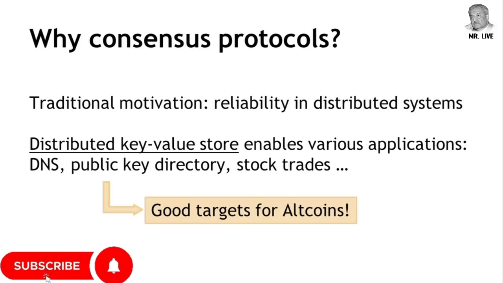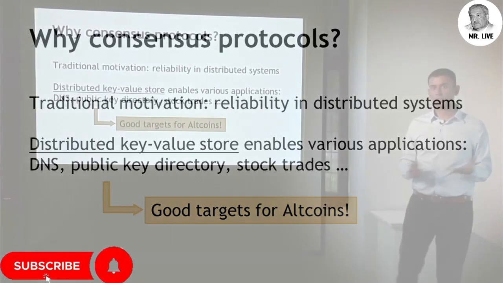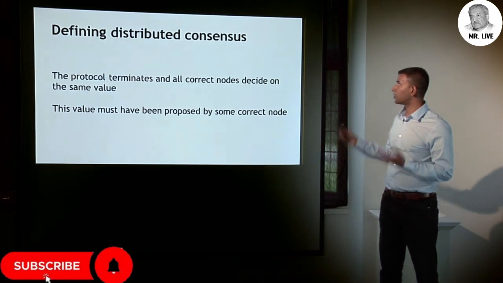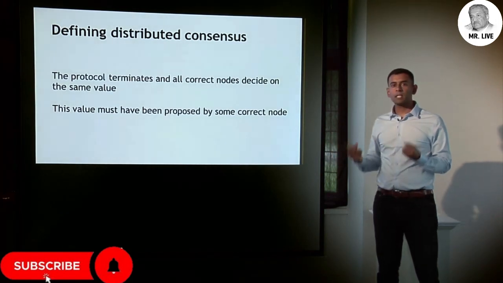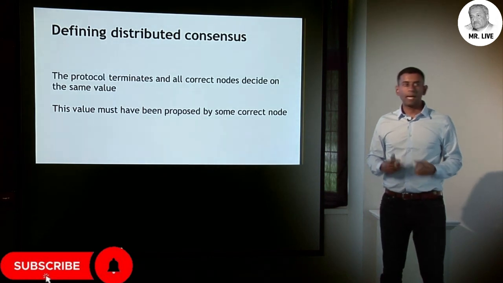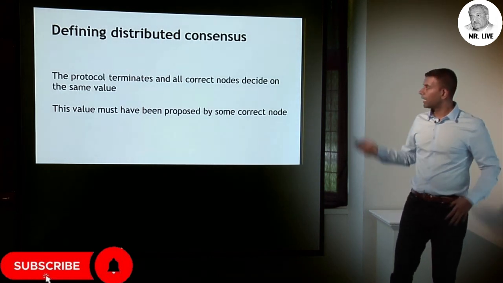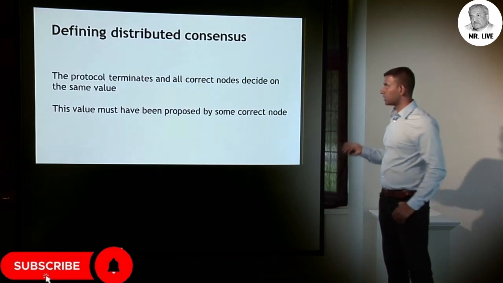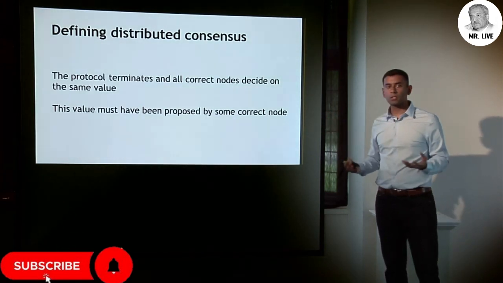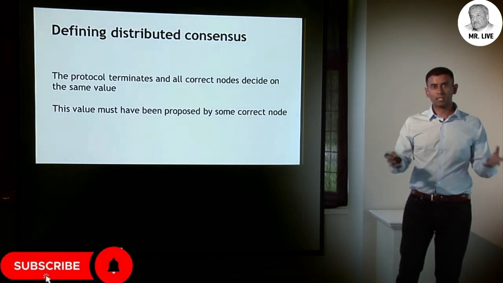Okay, let's go to a technical definition now. The technical definition of distributed consensus is really quite simple. Imagine that there is a fixed number n of nodes or processes, and each of these nodes has some input value. Then a consensus protocol happens, and the two requirements on this consensus protocol are that the protocol should terminate, and all correct nodes should decide on some value, the consensus value.